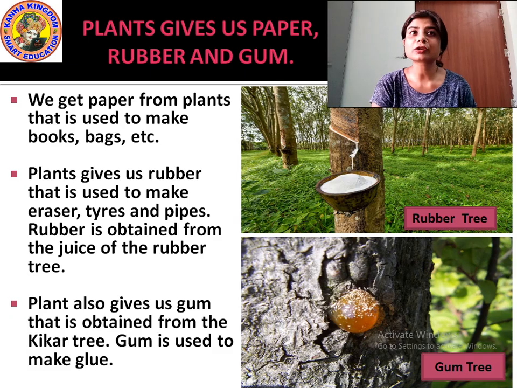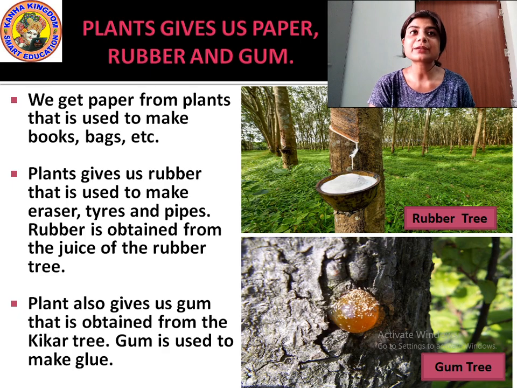Then plants also give us rubber. Then it also gives us gum. Do you know what gum is? Gum is used to paste something. Yes or no? So these are the different things that are obtained from plants.